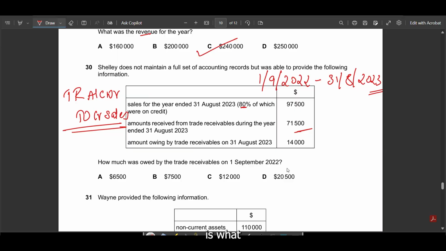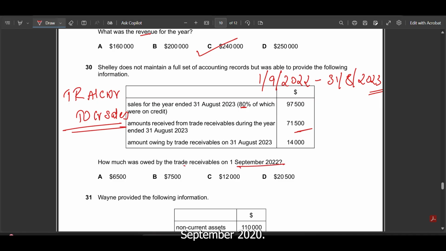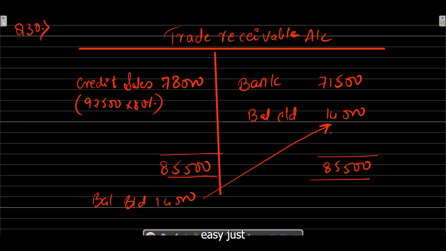So the question is, how much was owed on 1st September 2022? Now that's easy. We just have to take the balancing figure of my debit and credit, and that would be my opening balance. If you all can see over here, my credit side is more, that is 85,500, and my debit side is 78,000.